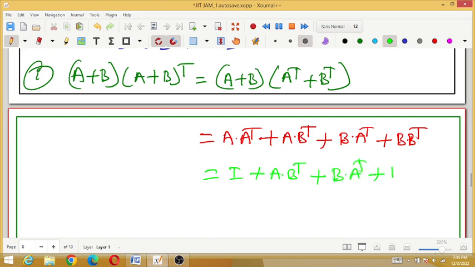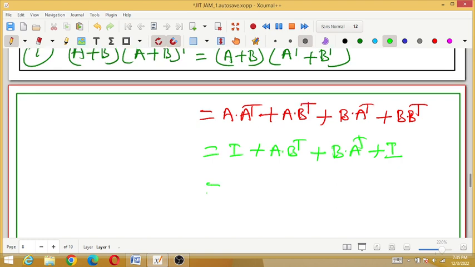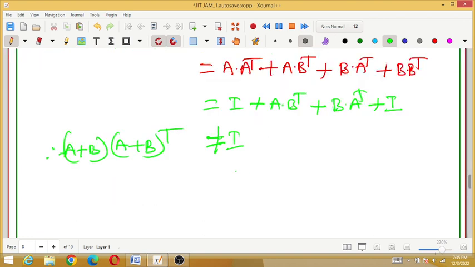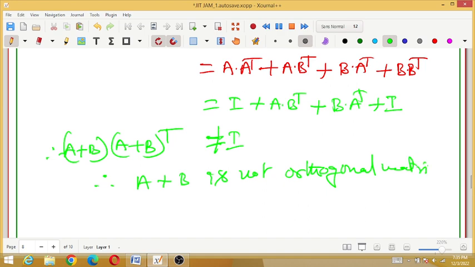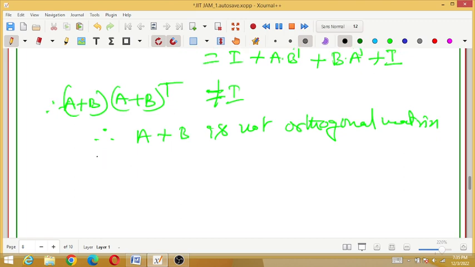Again B into B transpose is nothing but I. This is obviously I plus I, 2I, and this is not equal to I. So A plus B into A plus B whole transpose is not equal to I. Therefore A plus B is not an orthogonal matrix. So if two matrices are orthogonal, their sum is not orthogonal.